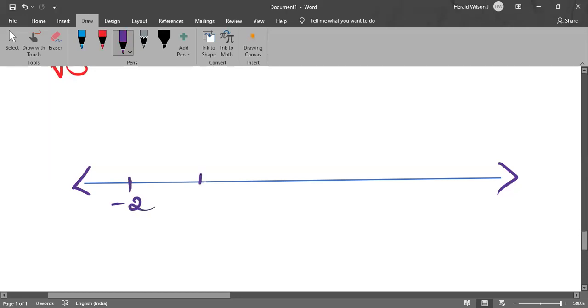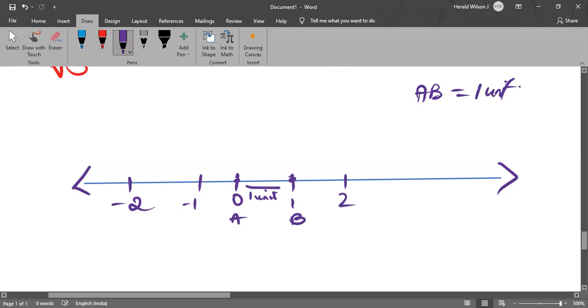Then minus 2, minus 1, 0, 1, 2. This should measure 1 unit. We will consider this point as A, this point as B. AB is equal to 1 unit.